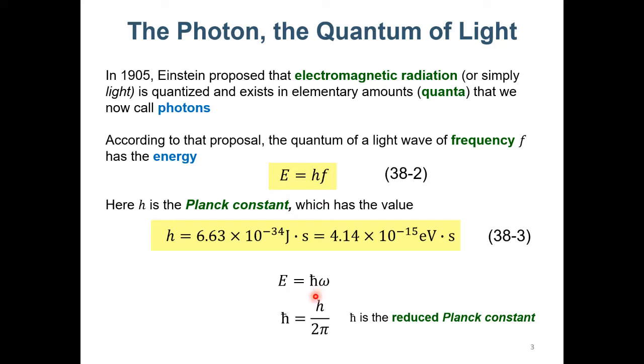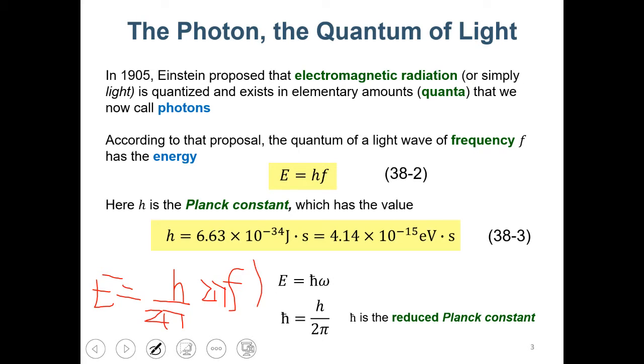And here, if we use h bar, then it is something like E equals hf. We can just divide by 2 pi and multiply by 2 pi, so the whole formula doesn't change. So h over 2 pi is h bar and f times 2 pi is omega. So actually, sometimes we will use E equals h bar omega, which will be more convenient.